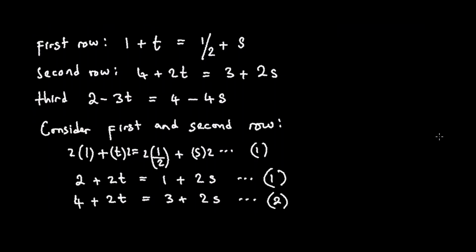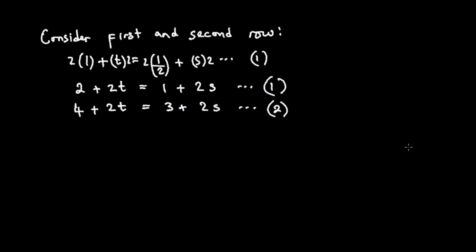Then we choose what to eliminate. It is better to eliminate t, though we could also eliminate s in such a way. If we want to eliminate t by subtracting, we get 2 minus 4, which is minus 2, then 2t minus 2t, that's plus 0, then 1 minus 3 is minus 2, as 2s minus 2s, that's also plus 0.